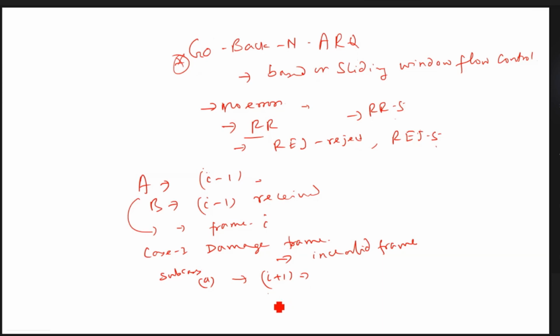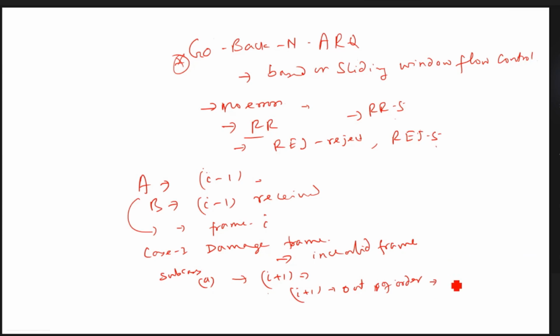B will see that this I+1 frame is out of order, because it has received I-1, and after that it is getting I+1, but it has not received the ith frame. So the I+1 frame will be out of order.